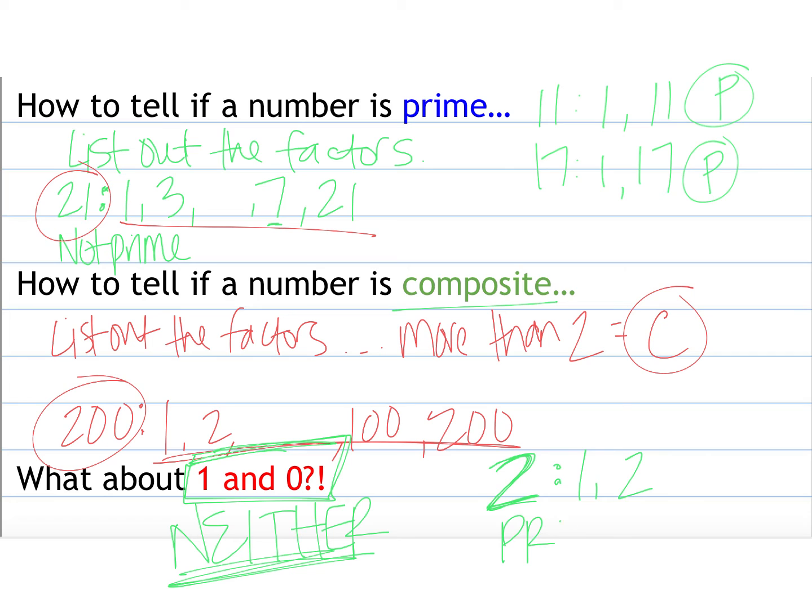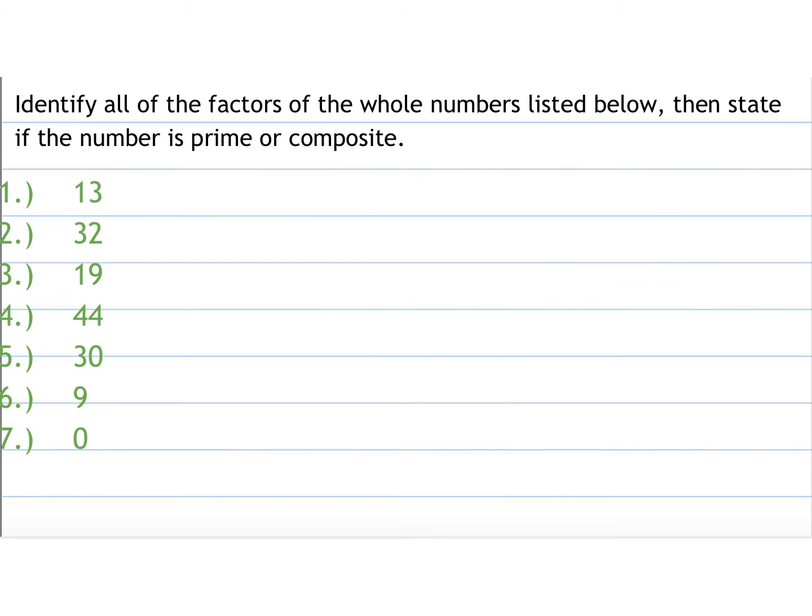So 2 is prime. 2 is the only even prime number. Every other even number is composite because every other even number can be divided by 2. So 1 and 0 are neither. 2 is prime. Those should be in your notebook, circled, squared, highlighted, whatever you need to do.